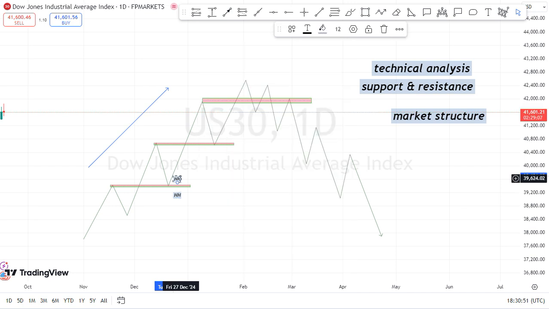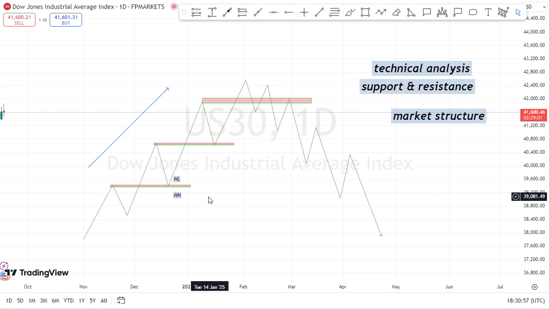What we are doing here. We have what is called an uptrend. In an uptrend we have higher highs and higher lows.